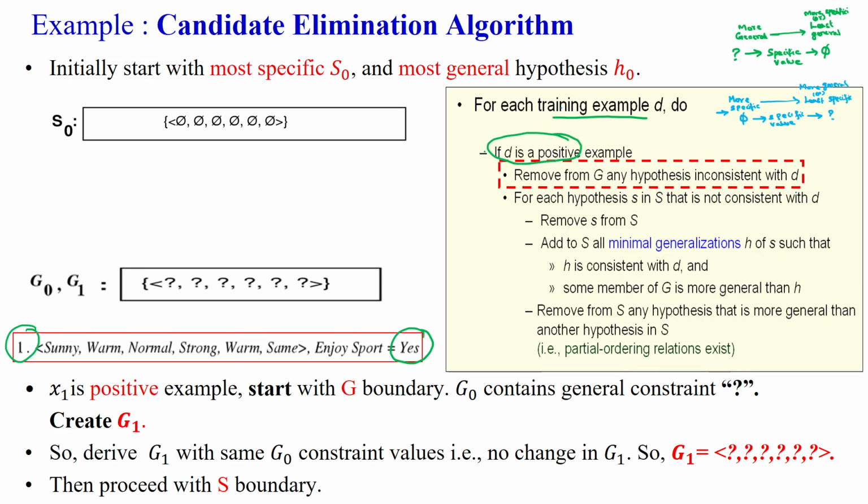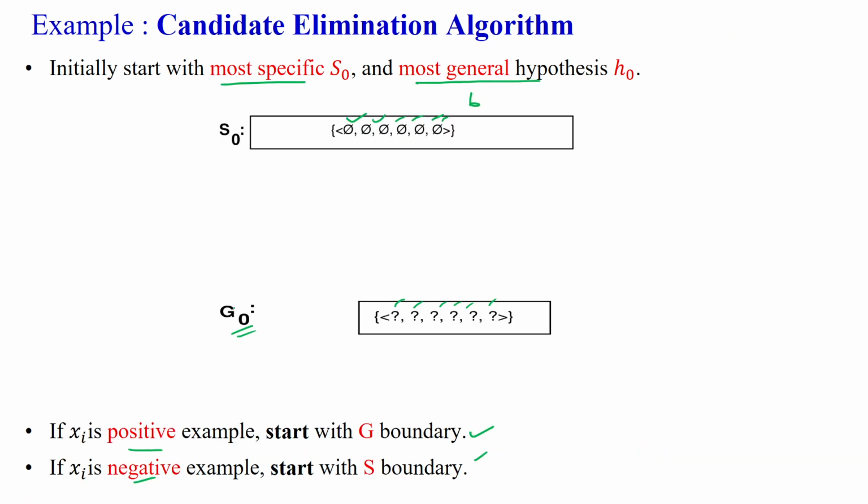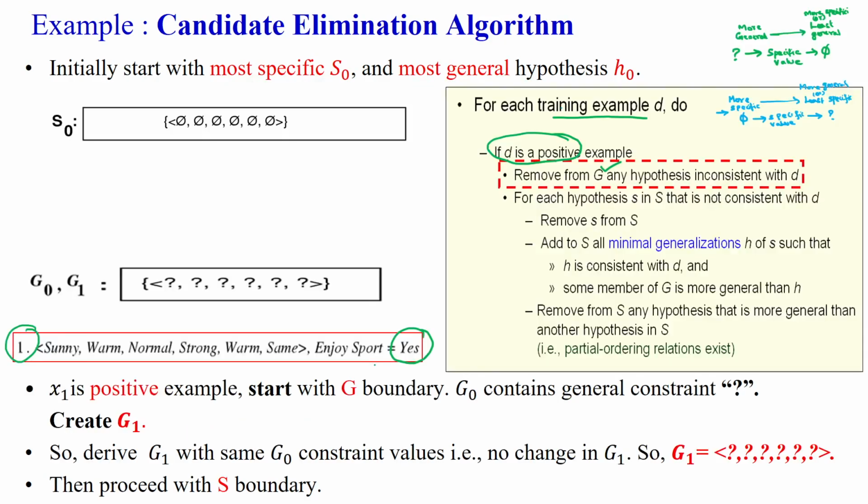If it is a positive example, then we have to start with the general boundary. Here we have G0, so we have to check whether each constraint accepts the attribute value of the given example or not. Does this general constraint accept sunny? Yes, it is accepting, so it is true.